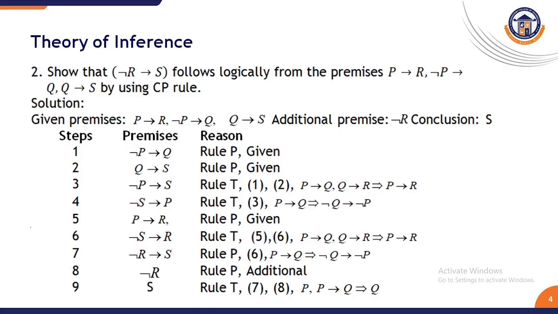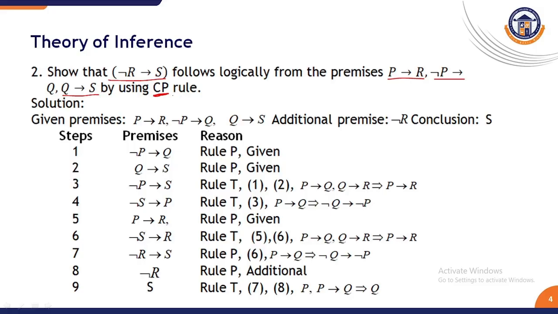The second example, show that negation R implies S follows logically from the premises P implies R, negation P implies Q and Q implies S by using the CP rule. CP rule means conditional proof rule.